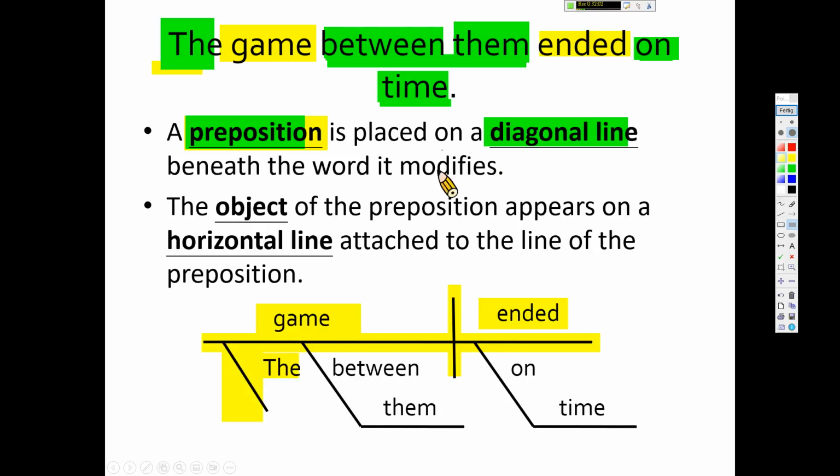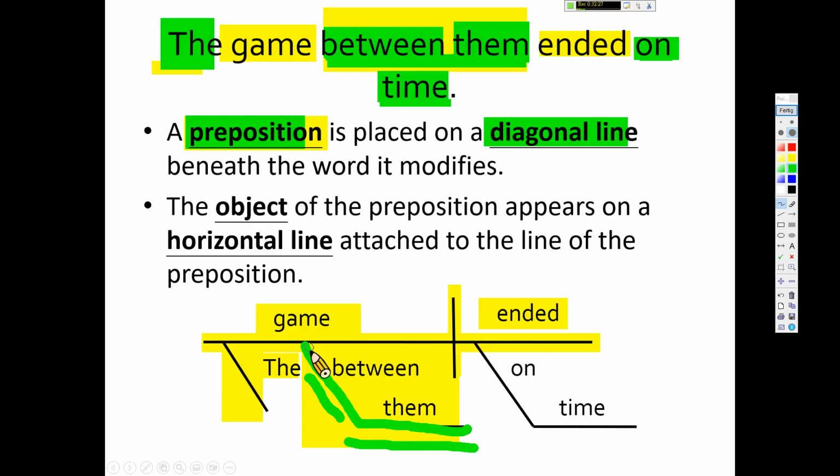But now the problem is that we have a prepositional phrase here. How can we draw a prepositional phrase? Basically, we use this kind of combination: a diagonal line here and a horizontal line here, combined together.